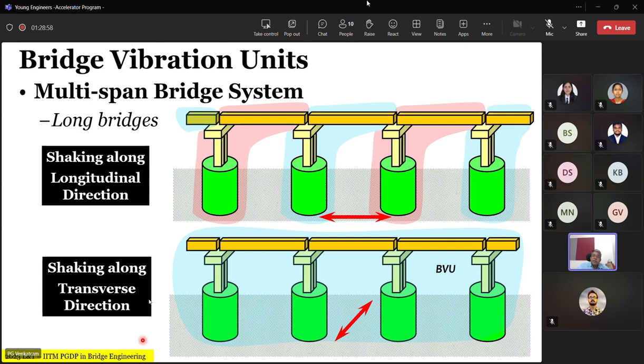Under which circumstances can a long bridge with simply supported spans, for transverse direction ground shaking, avoid treating the full bridge as a single inertial unit? Any circumstances?